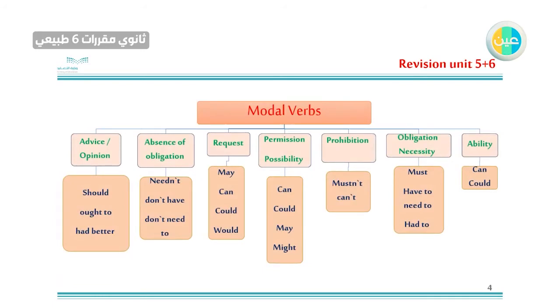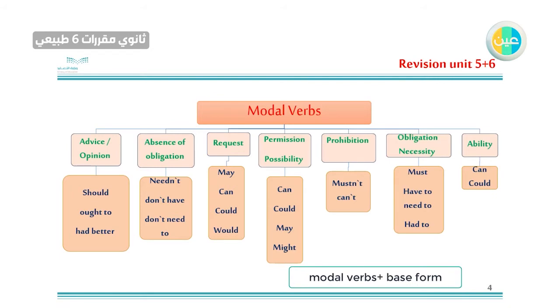We use modal verbs to express advice, opinion, absence of obligation, request, permission, prohibition, obligation, necessity, or apology. Each modal verb has its uses. And remember that with modal verbs, we need a main verb, and the main verb should be in the base form. Let's go from the very beginning.